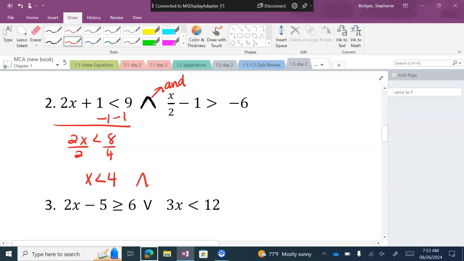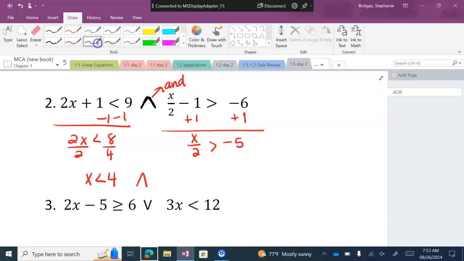And then for the next one, I'm going to add 1 first. Some of you might have multiplied first, and that would be perfectly fine. I'm just going to try to make it a little easier. Negative 6 plus 1 is what? Negative 5. How do I get rid of that 2? Multiply. Yeah. So just multiply both sides by 2.